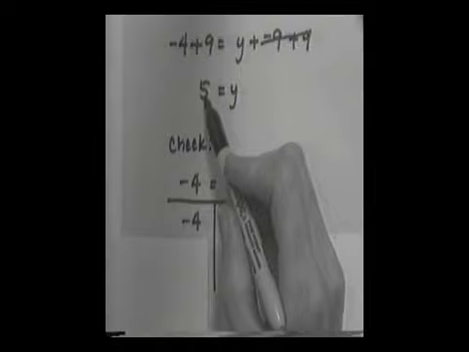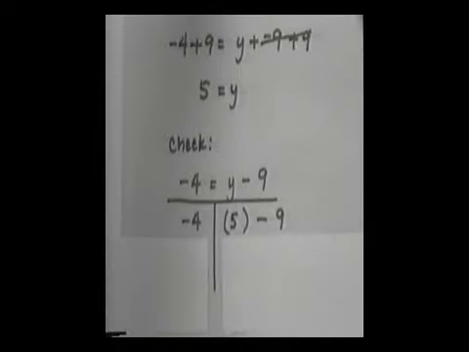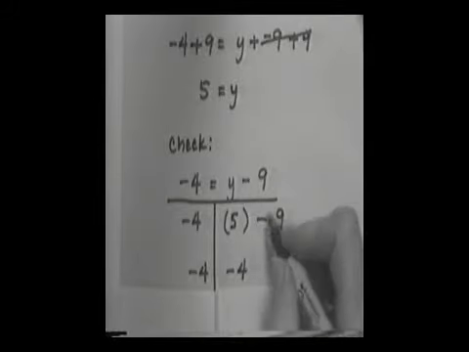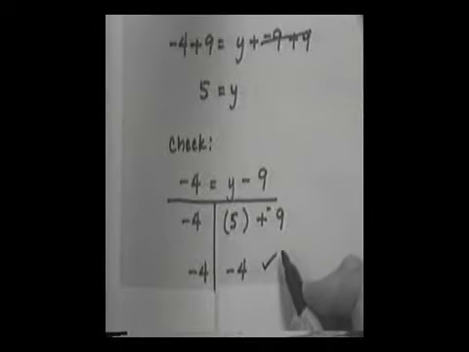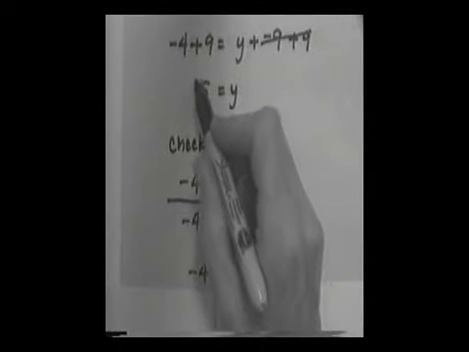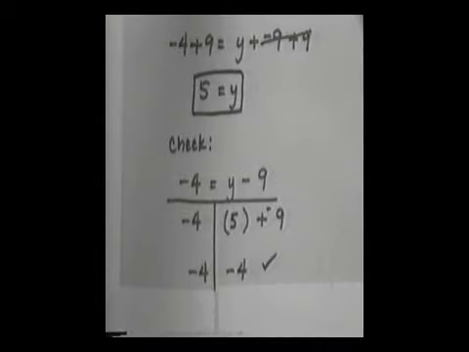The y value we're checking is 5, and so in place of y, we'll fill in 5. 5 subtract 9, or 5 add negative 9, is negative 4. Negative 4 equals negative 4. This checks, which means that our answer is 5 equals y.